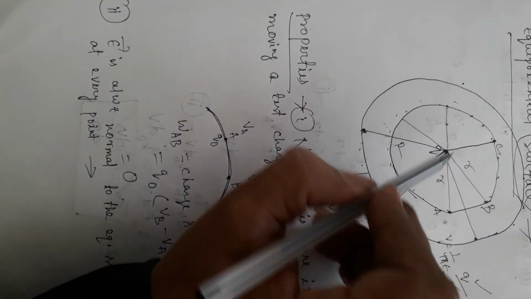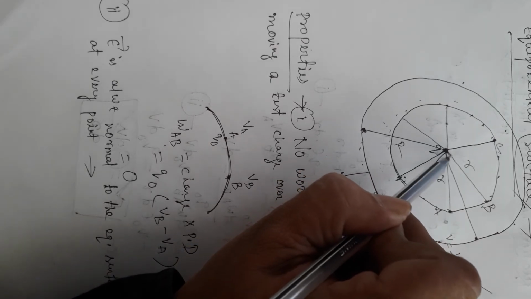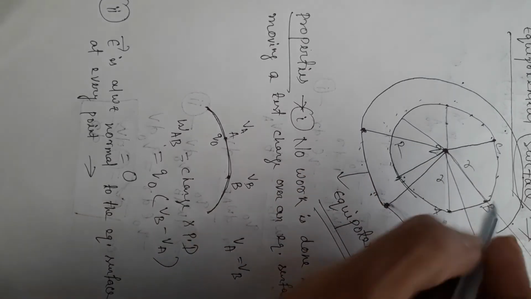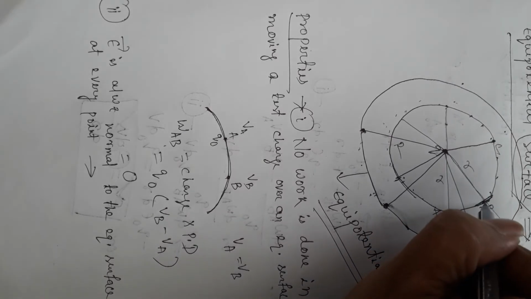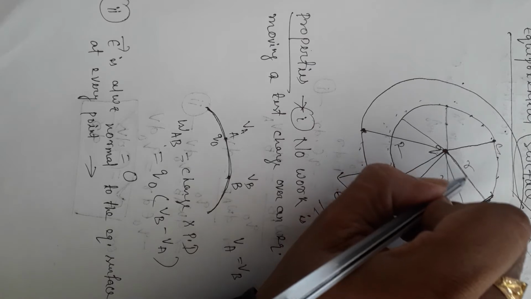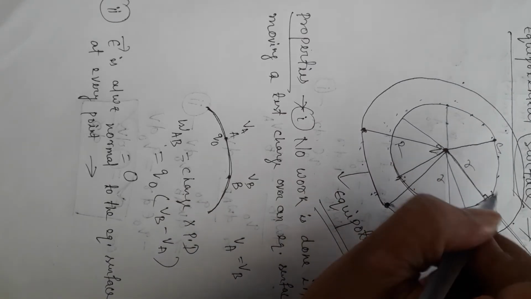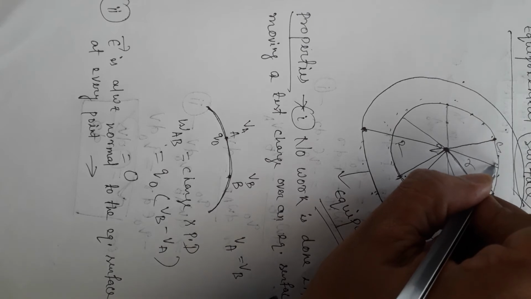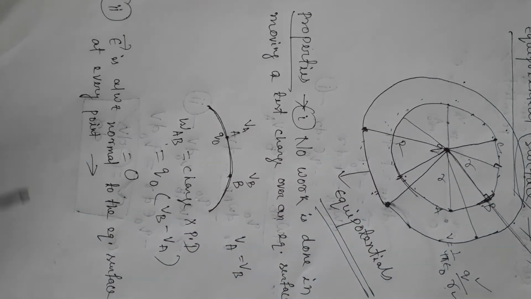Here you can see, if this is the source charge, the direction of the electric field is radially outward, and this is the equipotential surface. At each point, the angle between the electric field and the equipotential surface is 90 degrees, perpendicular or normal.